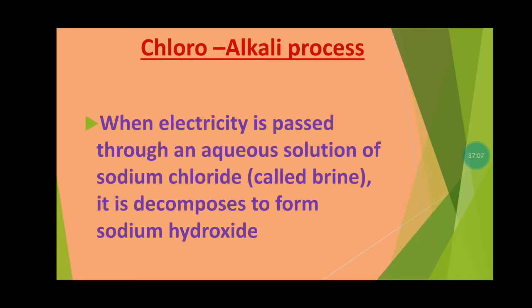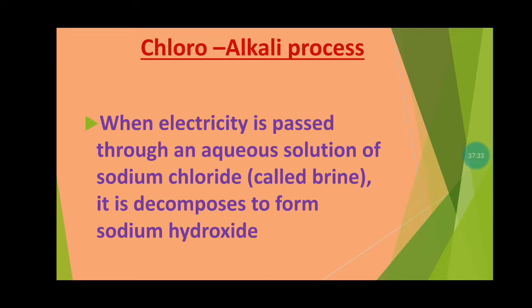Whenever electricity is passed through the solution, there will be a cathode in this reaction. Let us see. NaCl is dissociated into its ions. What are the ions formed? Na plus ion and Cl minus ion. What is the cation here? Na plus ion, being a cation, is attracted towards the cathode. And what is the anion here? Chloride ion.